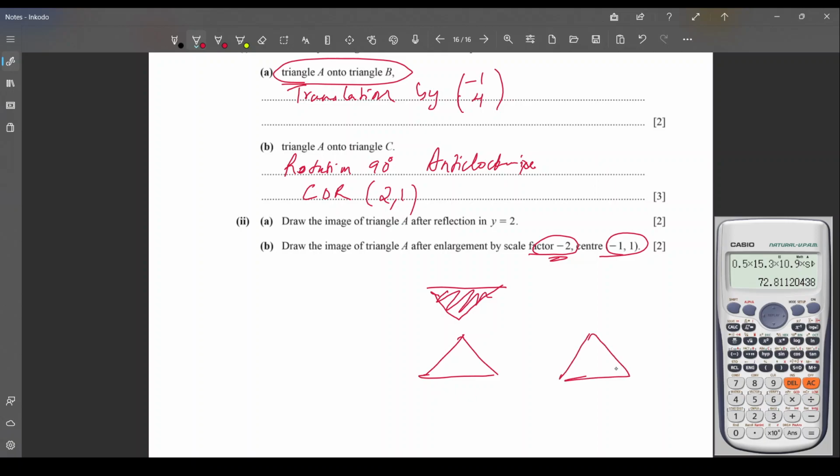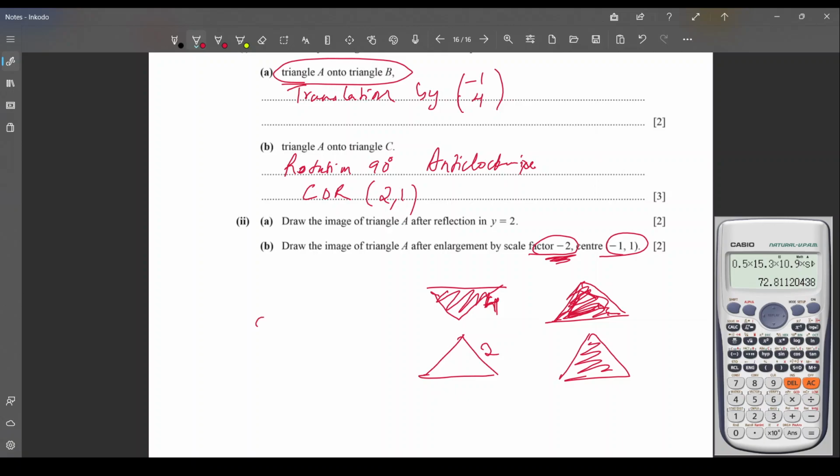If the scale factor is positive, the shape will be in the same direction. But if it is negative, the shape will be in the opposite direction, as well as enlarged. Scale factor 2 means if this is 2, then the other side should be 4, double of that.